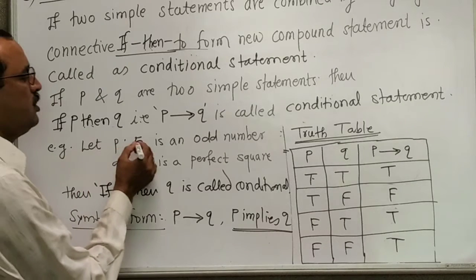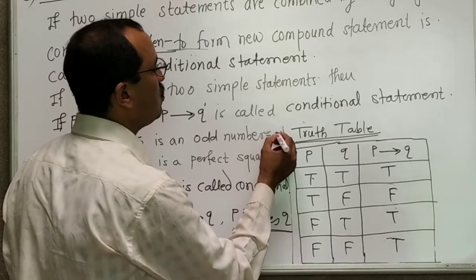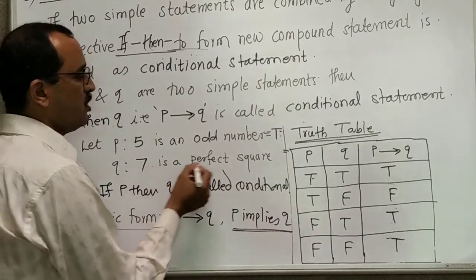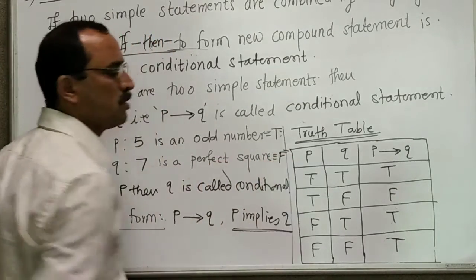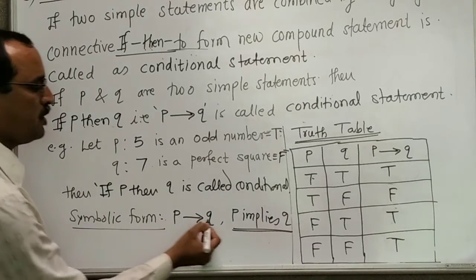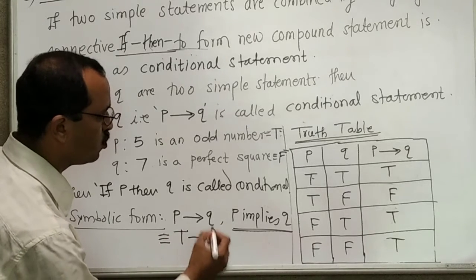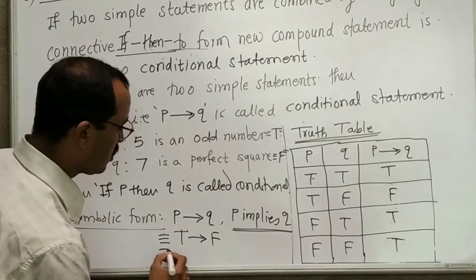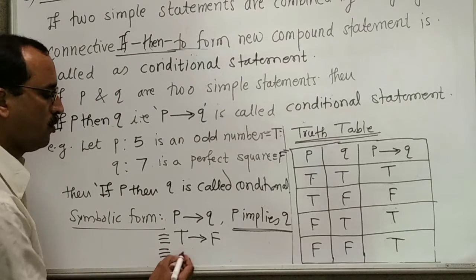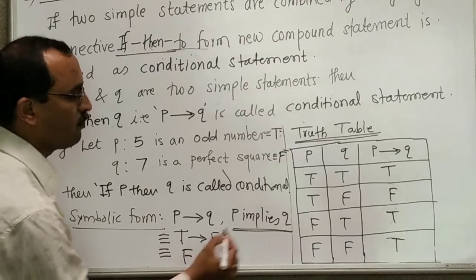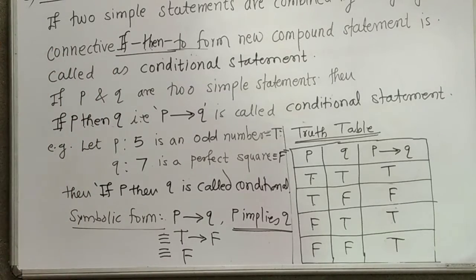In this example, P, "5 is an odd number", is definitely true. Q, "7 is a perfect square", has truth value false. That means the symbolic form P implies Q is T implies F, which is F. See here, TF gives F. So the resultant answer is F.